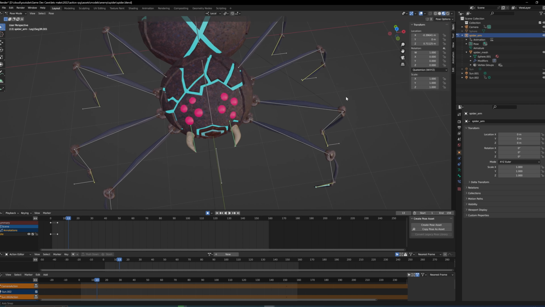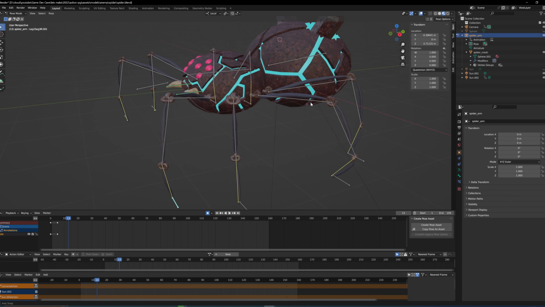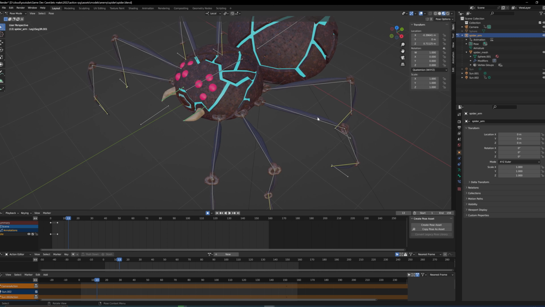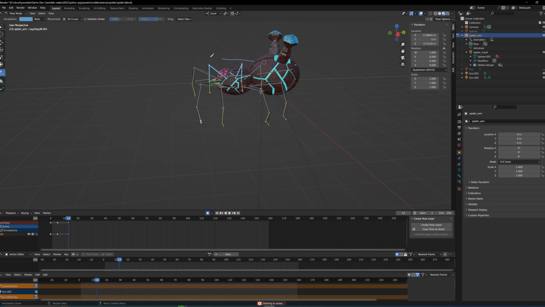That's all fine. But what I didn't think about while modeling this, and something that I'm probably not going to redo the entire model for, is that for a proper walking animation, you need to be able to move in the direction. So if we're walking in, say, this direction over here, right? The legs need to be able to move into that direction because they land on the ground and either the body needs to be able to move forward or the leg needs to be able to move backwards.